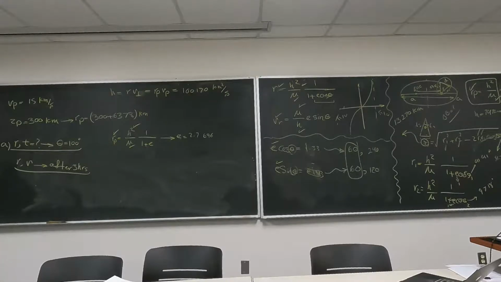You don't need to go back to your notes. Just think about it. We want to find the true anomaly at the asymptote. What would be the r at the asymptote?